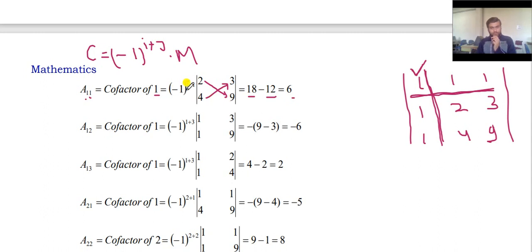But minus 1 to the power 1 plus 1 is equal to the power 2. So minus 1 into minus 1. Multiplication of minus and minus will be plus. So it is plus 1. If the power is 3, it is minus 1 into minus 1 into minus 1.